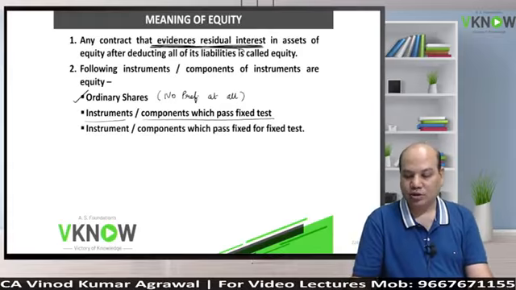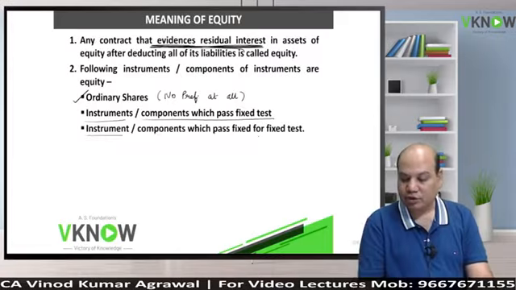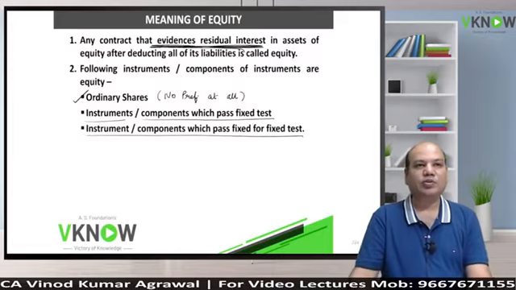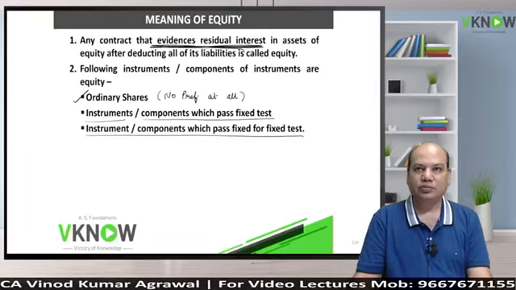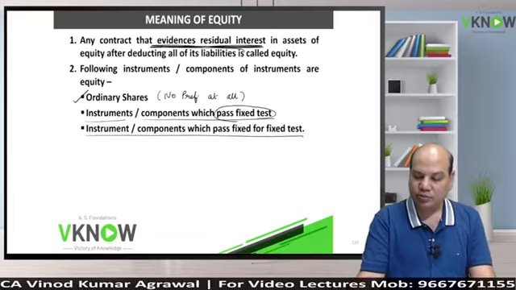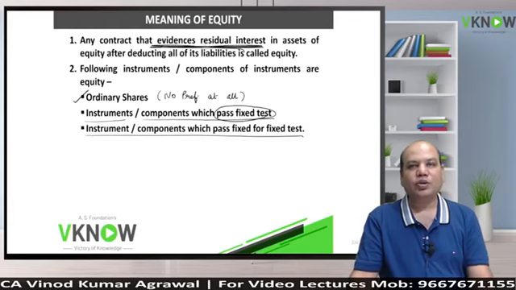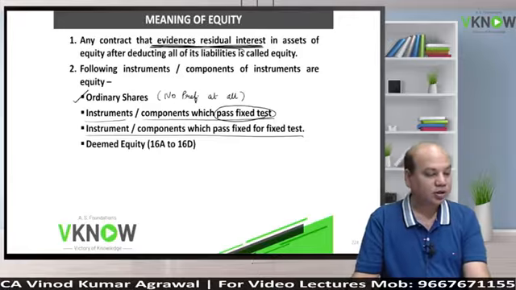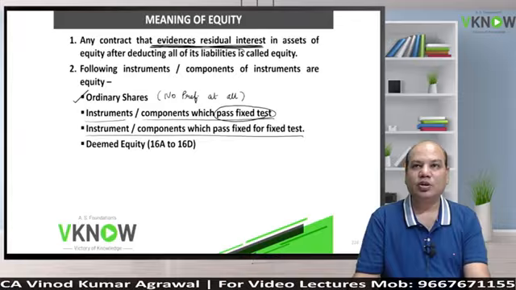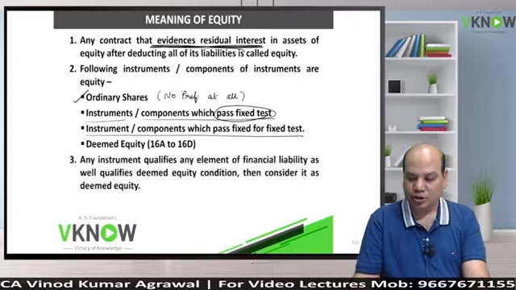Those contracts which pass fixed for fixed test, fixed number of shares against fixed amount of cash, or at least a fixed number of shares will be issued against those instruments, those are also equity. And then the standard says there are some instruments which are like financial liability, but we will call them deemed equity. Para 16A to 16D.